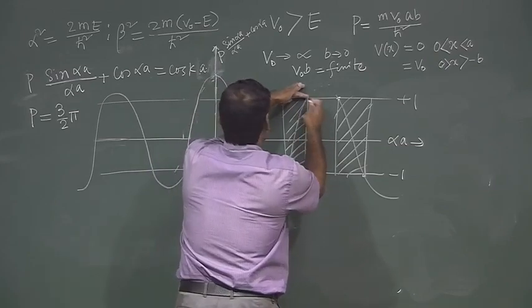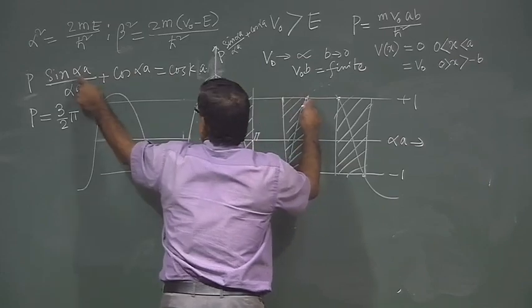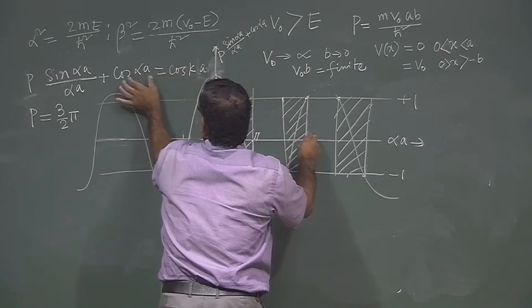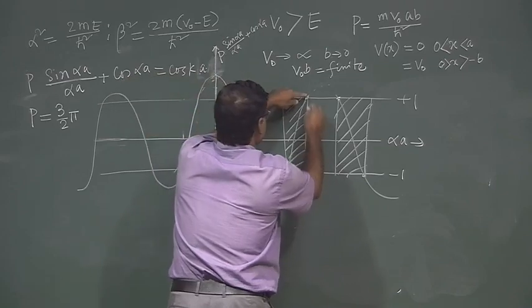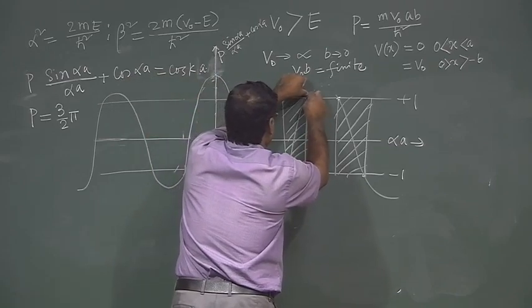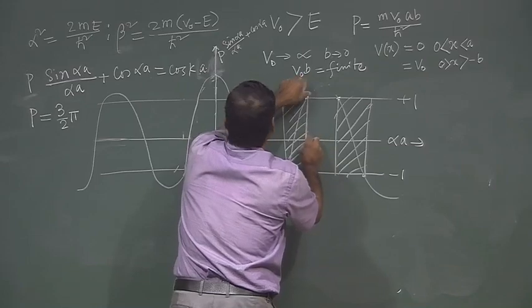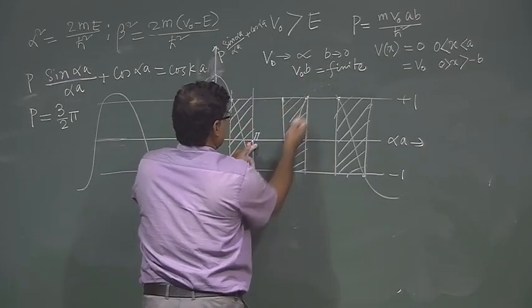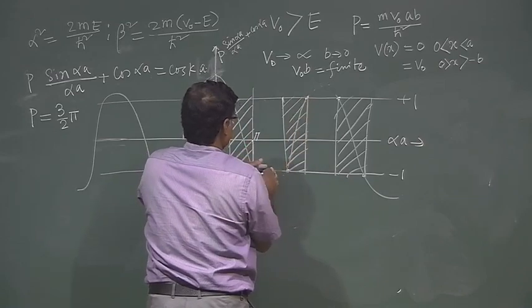So, this will be 2 pi sin alpha a, or cos 2 pi is 1, sin alpha a 2 pi will be 0. Okay. So, this way one can, I think I have drawn this, that is why I am facing problem.